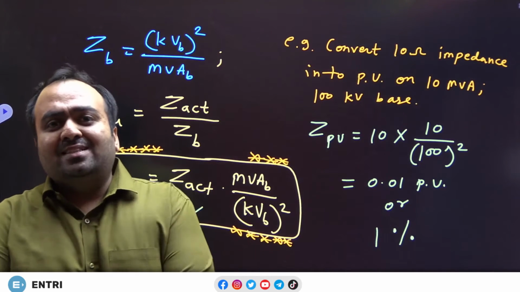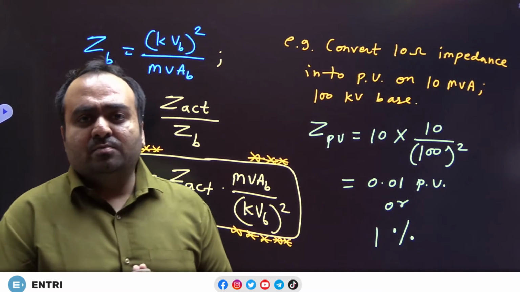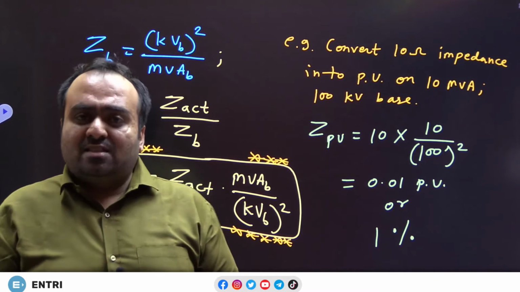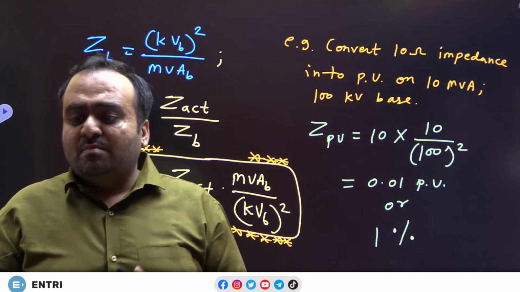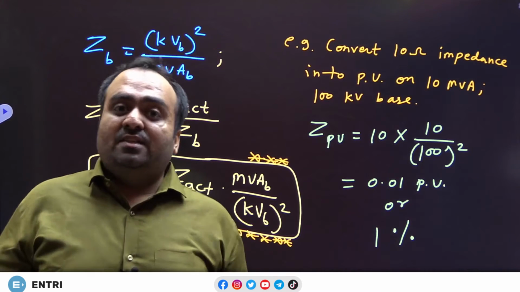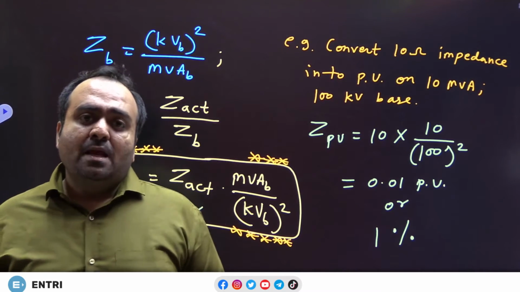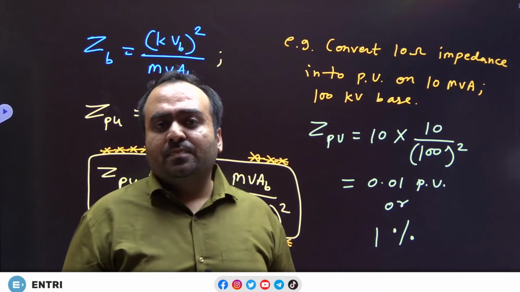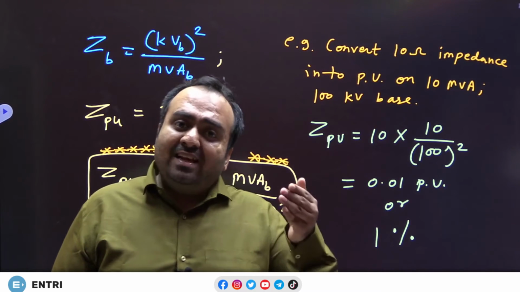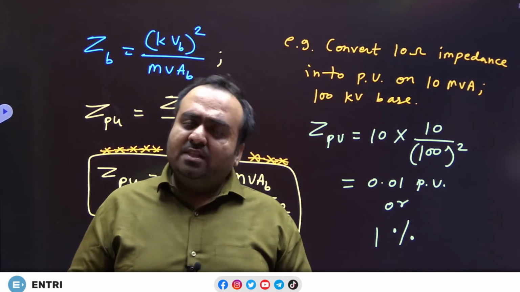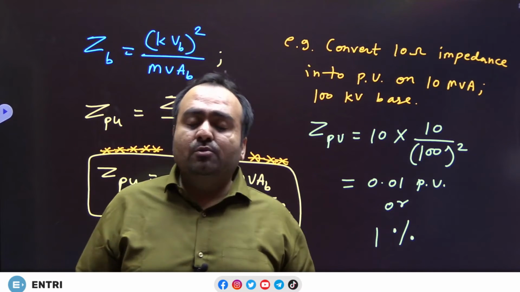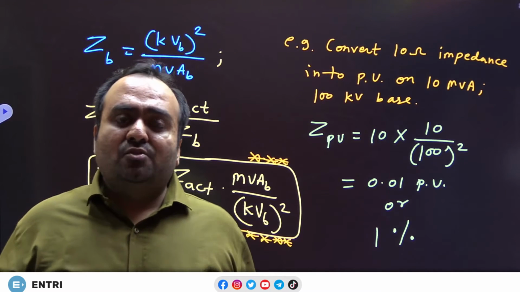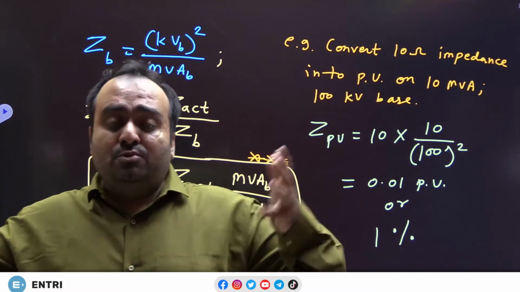Alright. Now let us take a few numerical problems. You must have seen this in your power systems course, those who have studied it maybe in the university exam, changing the base from older values to new values. Now I will directly take a numerical for you that will give you some practice, and then I will derive a relation from there, which is a very easy one but quite frequently used as we move ahead in fault analysis, drawing the single line reactance diagram, where you have to choose a common base.